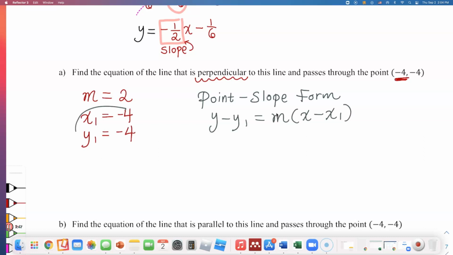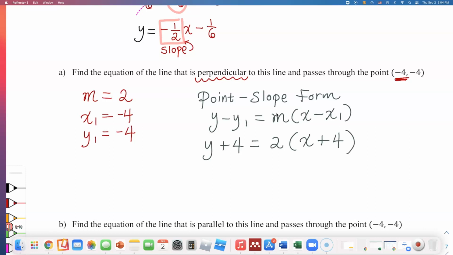Plugging in negative 4 and negative 4 for the y1 and x1 value, I will get y plus 4, because subtracting a negative is adding, right? Equals 2 times x plus 4.